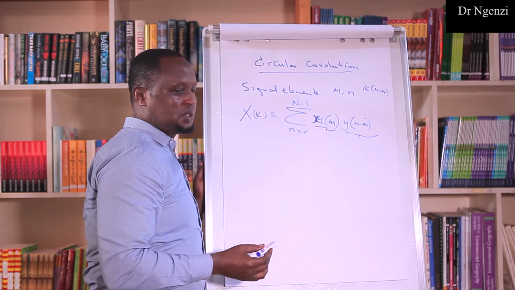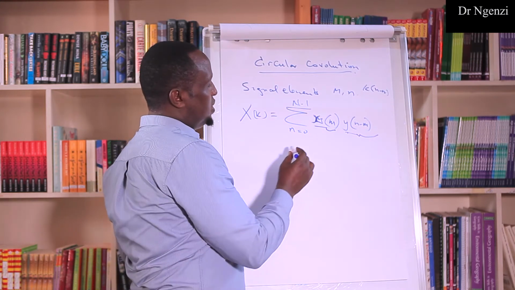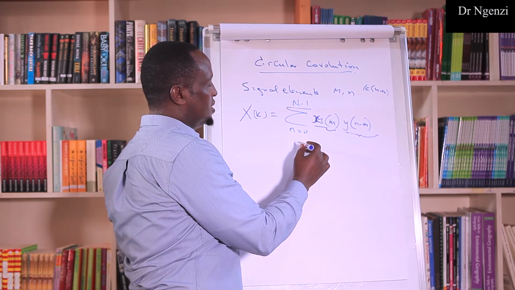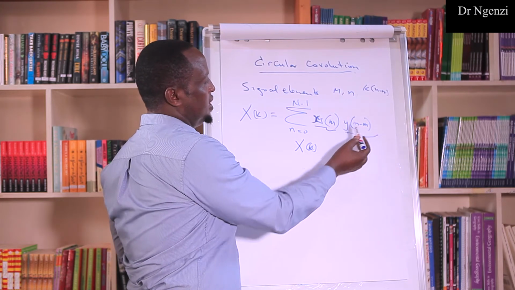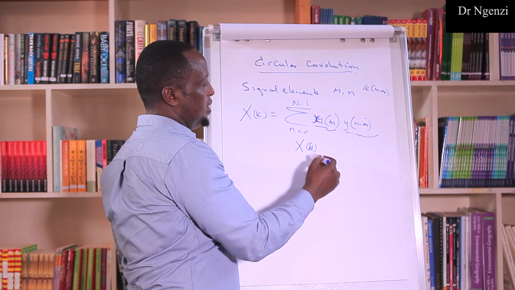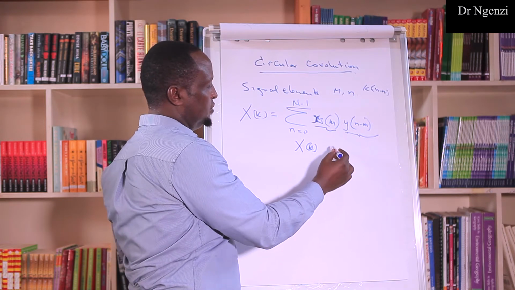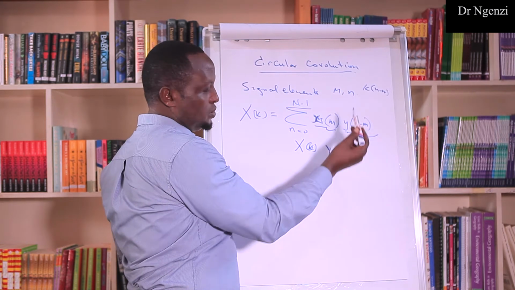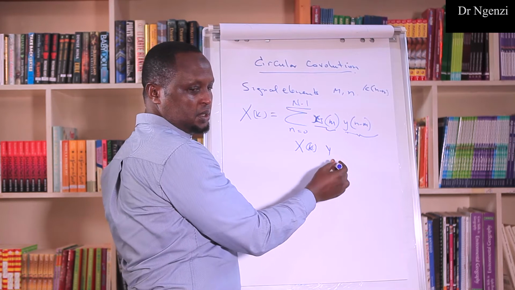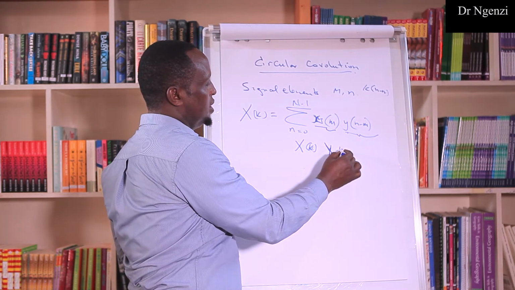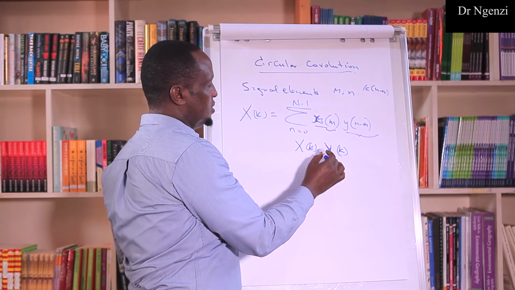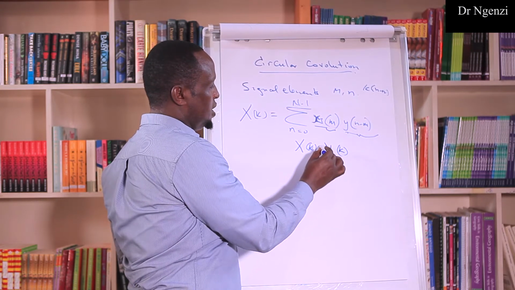The resultant is going to be big X of k, multiplied by big Y of k, so big Y and big X convolved together.